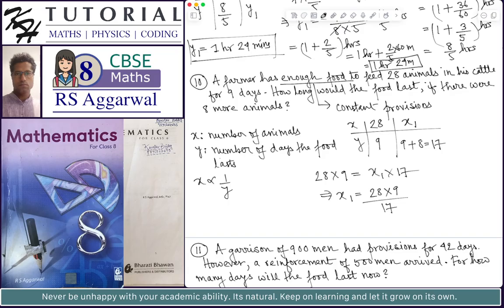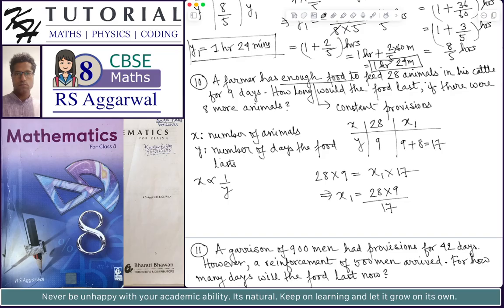For 9 days. How long would the food last if there were 8 more animals?